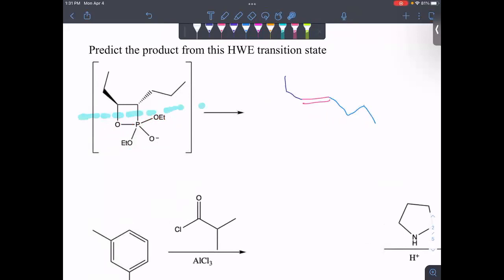That is not important. So we cut it down the middle between the oxygen-phosphorus bond and the R-R bond, and put a double bond on each side. That's how you get your final products. The top half gave us this R group alkene as our final product, and the bottom half, we get our oxygen bonded to the phosphate.